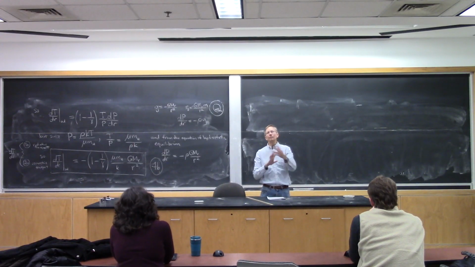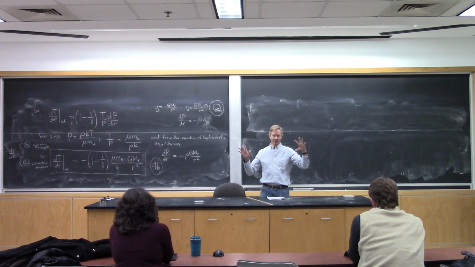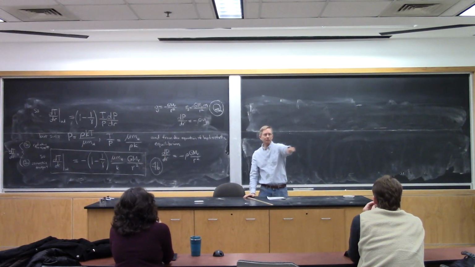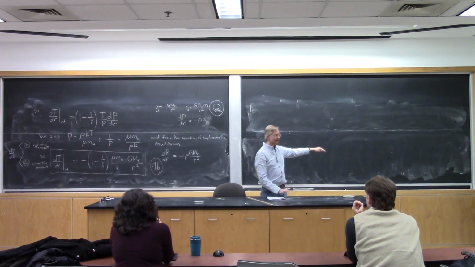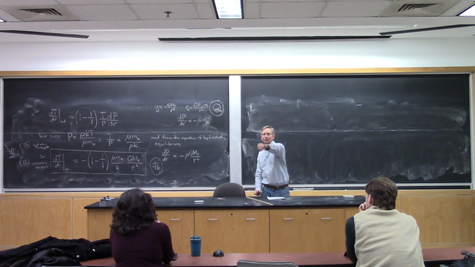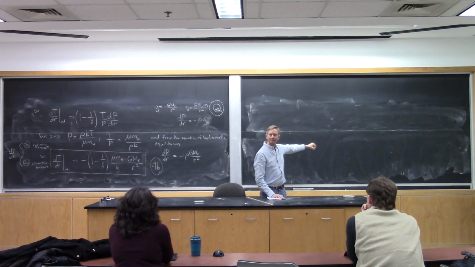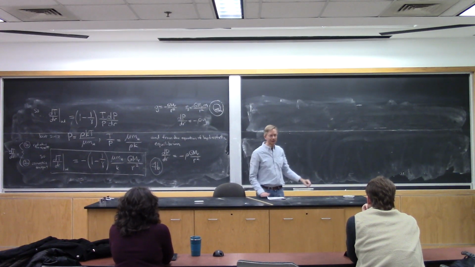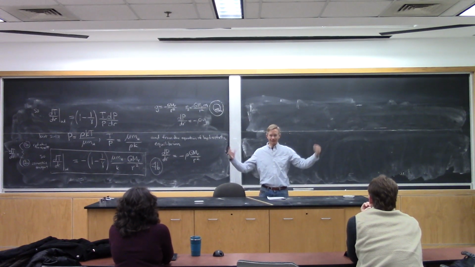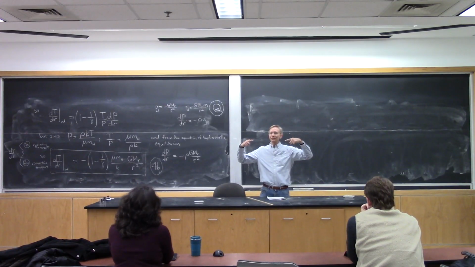Highs do too, but low pressure systems have more vigorous rotation and can be hurricanes and stuff like that, because if you've got air moving around in a circle, what's the net force on a parcel of air that's moving around in a circle? Is it inwards or outwards? Inwards, because it's got a centripetal acceleration.